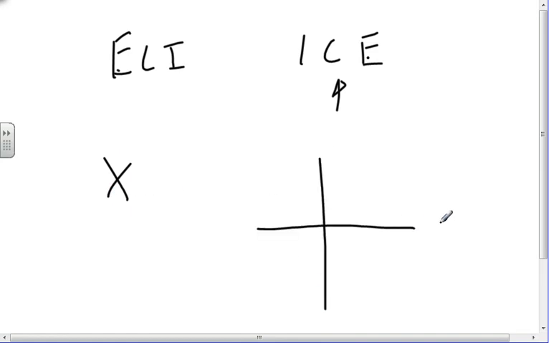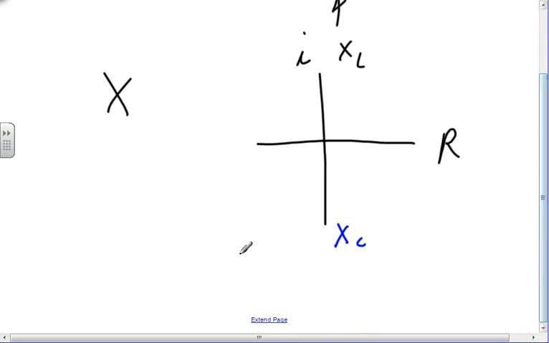When I look at my real and imaginary plane, I find that my X of L is going to be on the imaginary axis in the plus direction, and my X of C, my capacitive reactance, is going to be a negative j value. It's going to be below the R axis. I can solve for X of C by taking the RMS voltage in the circuit divided by the RMS current.